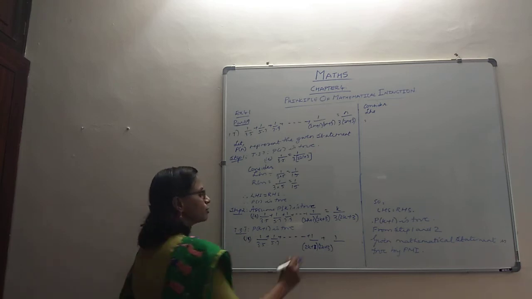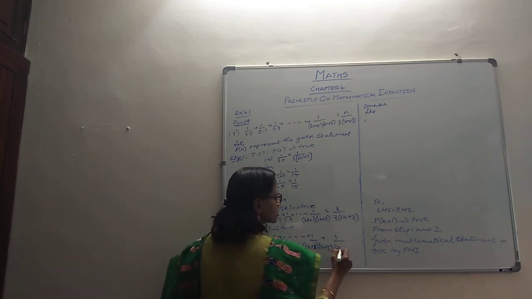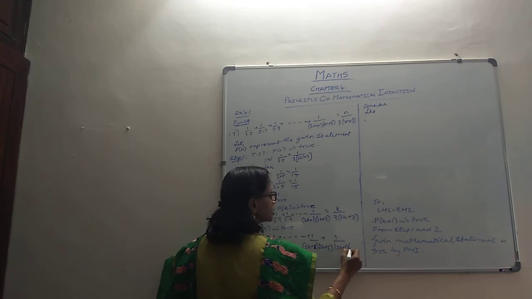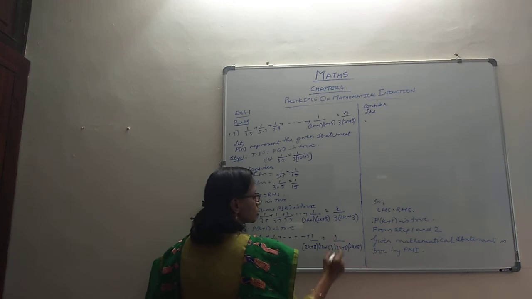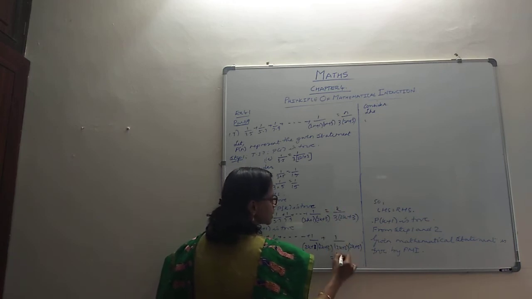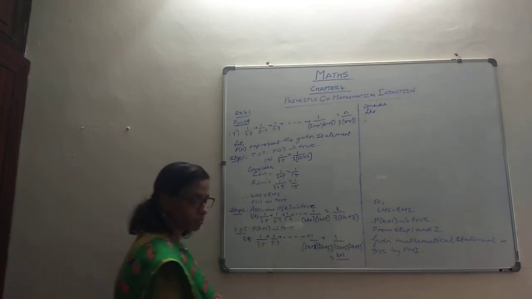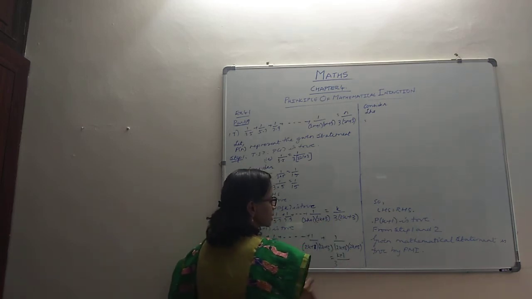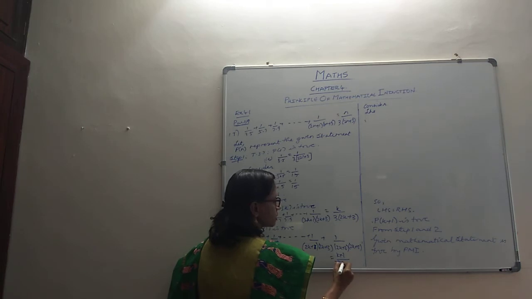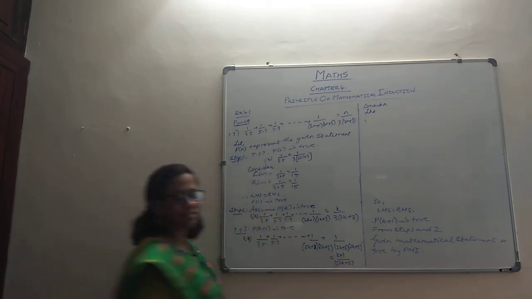If this is ending in 2k plus 3, this will start with 2k plus 3. There's a difference of 2, so it will come to 2k plus 5. Because we are taking the kth term, there was k here. Here we are taking the (k plus 1) term, so k plus 1. 3 is as usual, and the last term is what is coming here. So that's how we are predicting this.